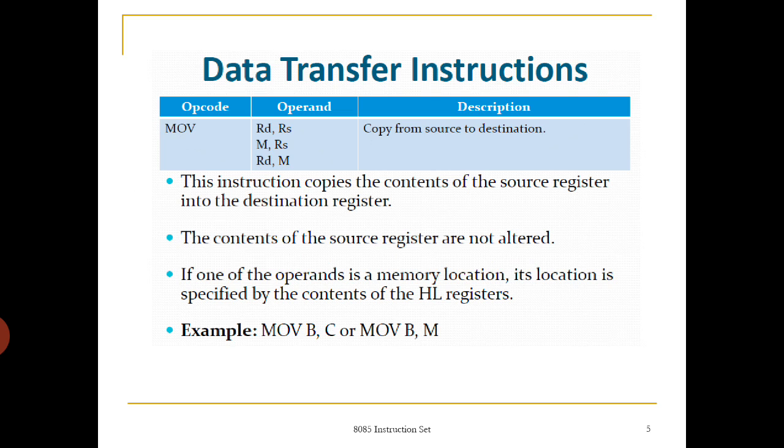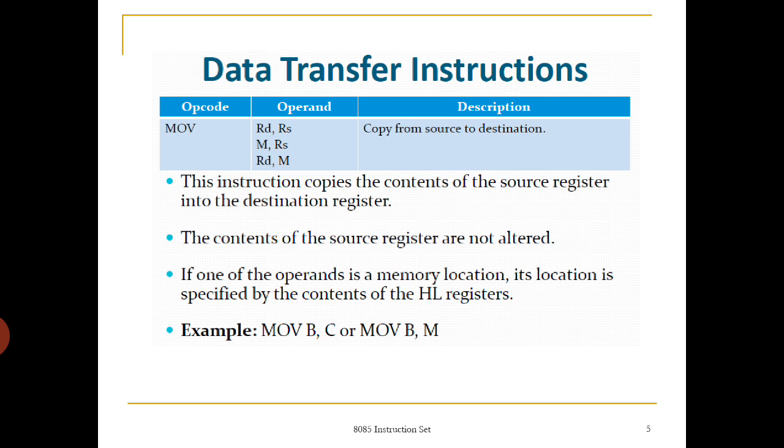Rd means register destination, Rs means register source. The contents of the source register are not altered. It copies the content to the destination, but the contents of the source register cannot be modified or changed, they still remain the same.